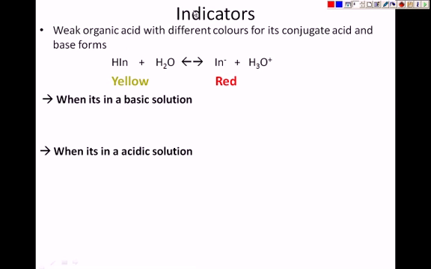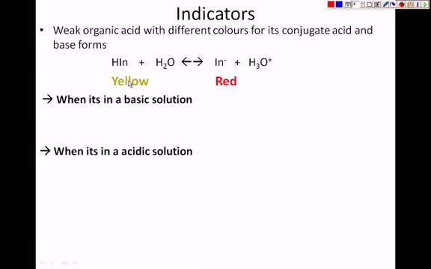We're going to be studying some indicators, and we're going to be talking about what an indicator is and how they work. So the first thing we need to say is, what is an indicator? An indicator is a weak organic acid, with different colors for its conjugate acid and conjugate base forms.